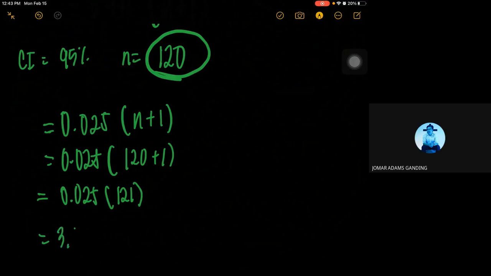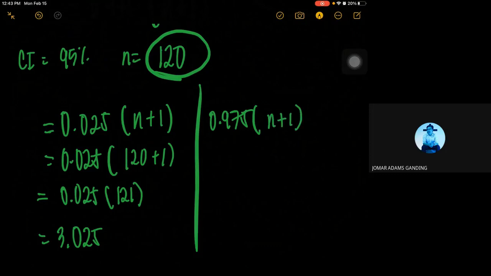The answer is 3.025. And then for the upper limit, same thing: 0.975 times n plus 1, so 0.975 times 120 plus 1, that is 0.975 times 121. What is the answer?